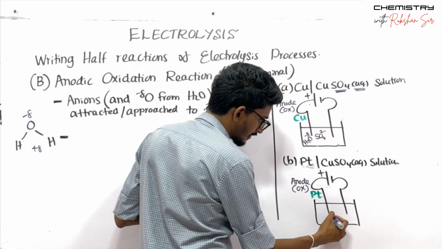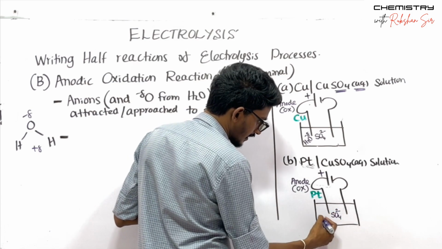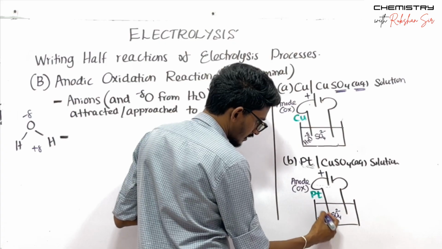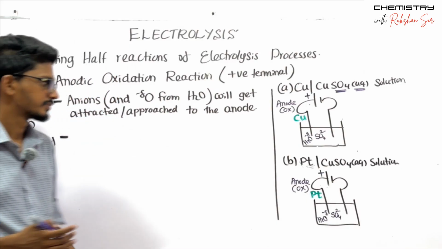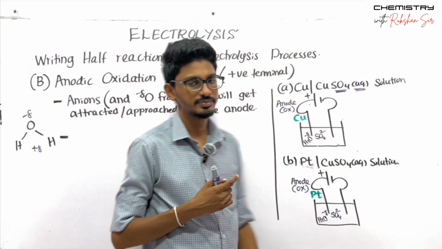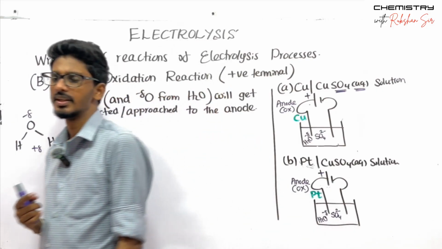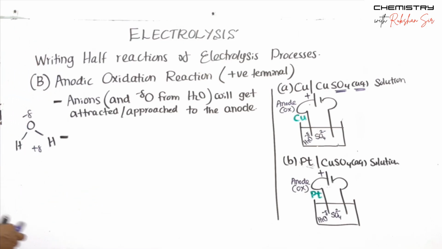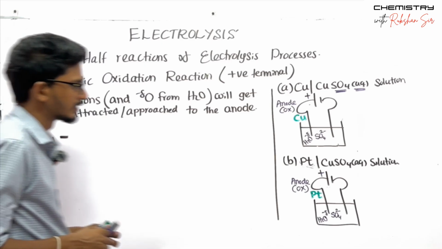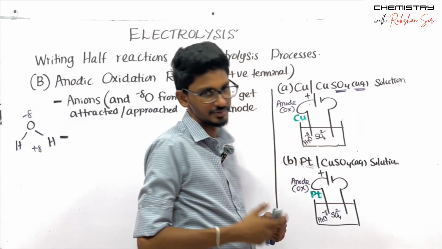Here as well, sulfate ions as well as water from its negative terminal will approach the anode. The thing is clear? Right. Next thing to learn. Which one will react first? Which one will react first at the anode?